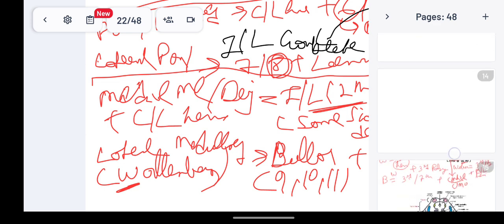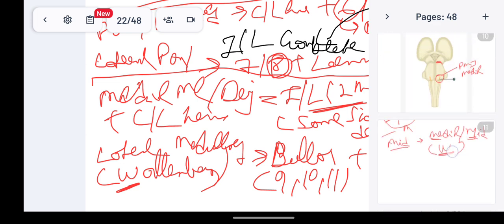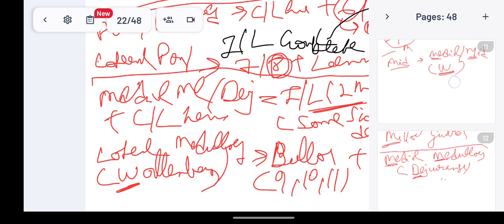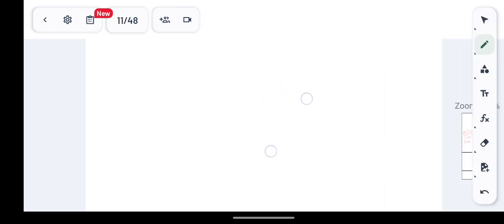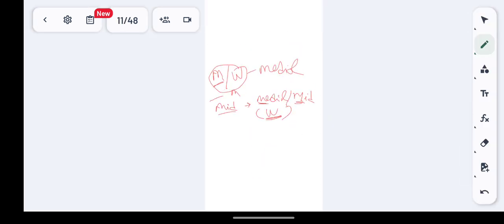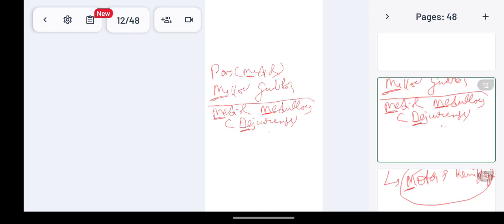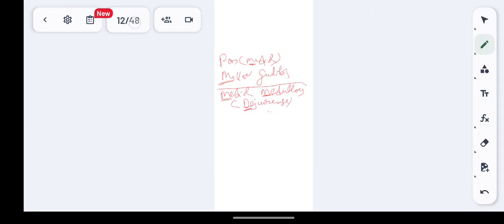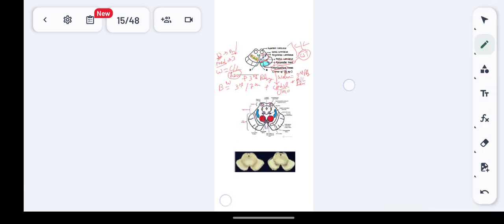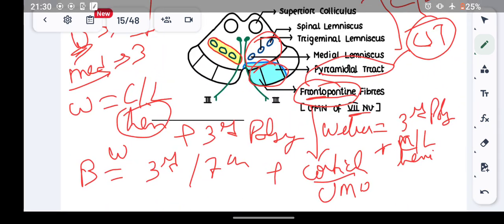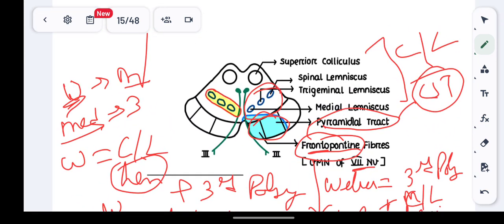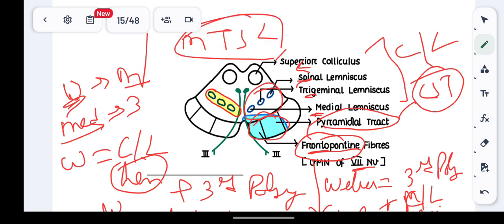We will see the diagram. Yeah, this diagram. See, remember MTSL. One more is the MTSL. So what is this?